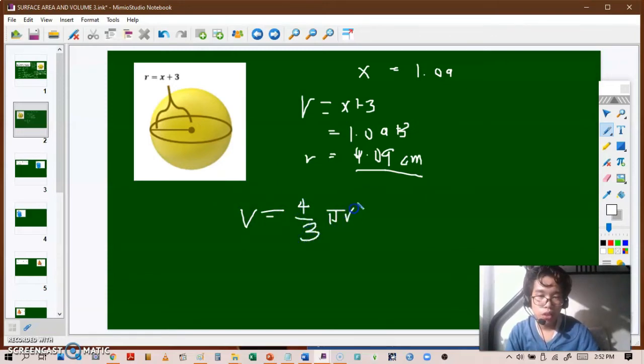The value of our r here is 4.09 cubed, times 4 thirds pi.